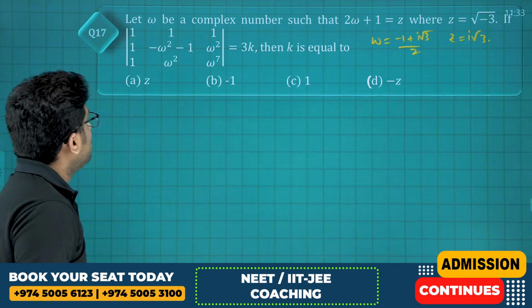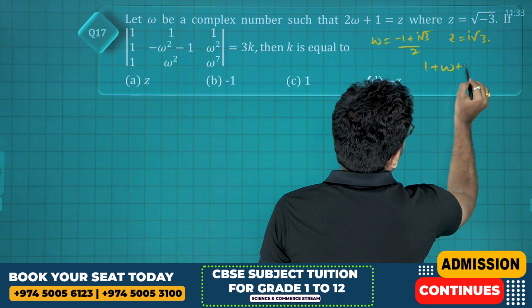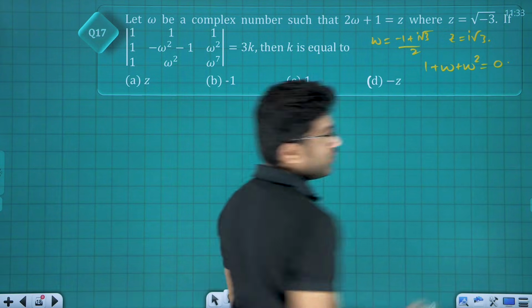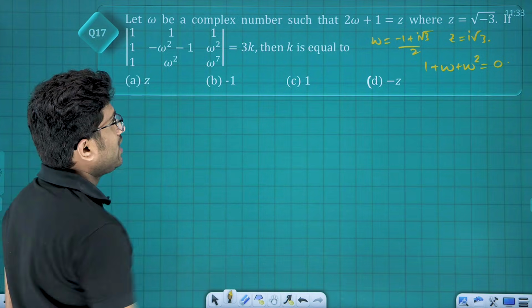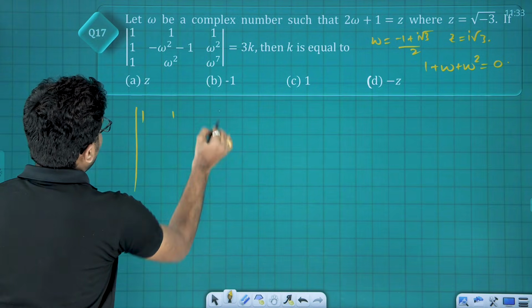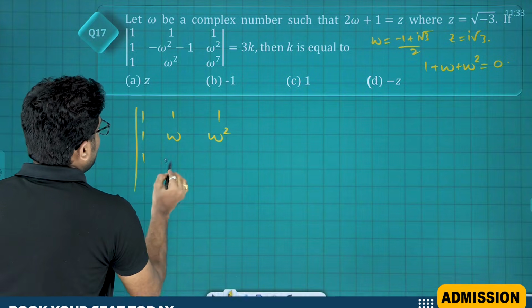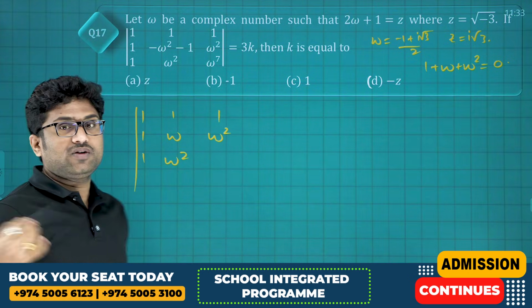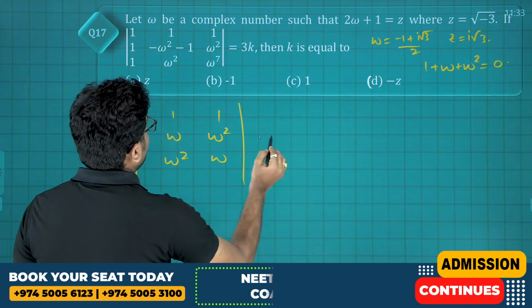What is omega? So in the sum of the cube roots of unity, 1 plus omega plus omega square is 0, friends. Okay, so in this case -omega square - 1 we can write as omega. So this determinant will be now 1 1 1, 1 omega square 1, omega square... Omega power 7 we can write as omega power 6 into omega, which is again omega.